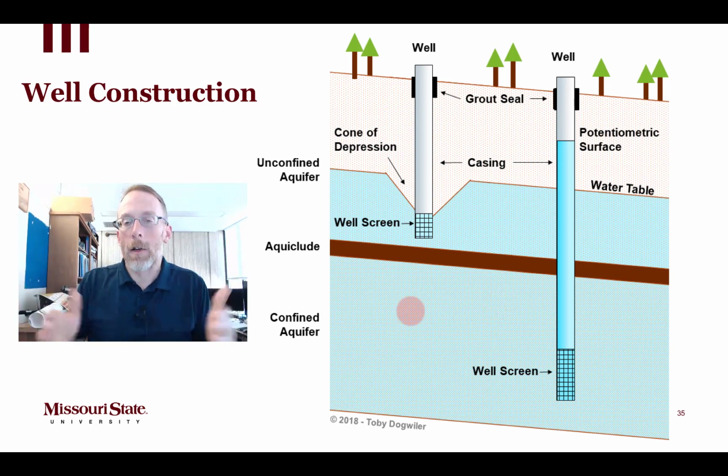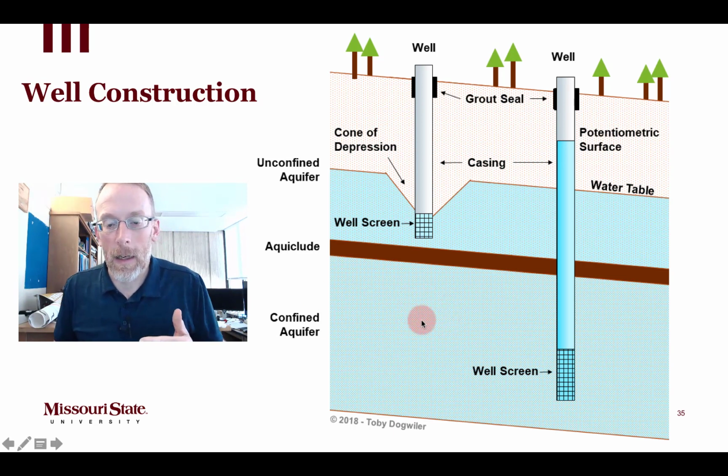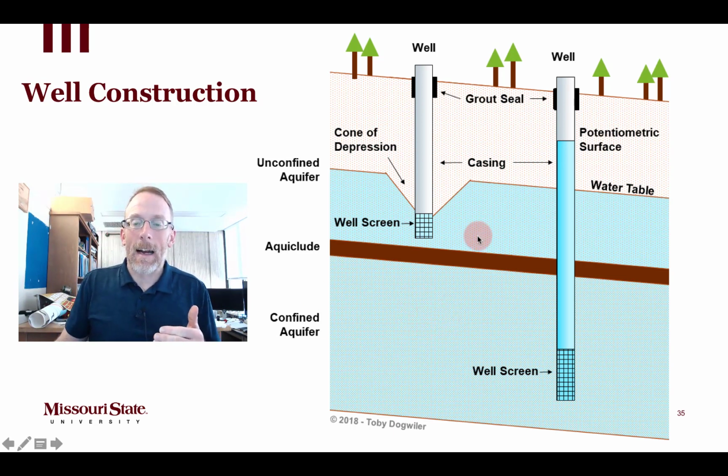And for now, just know that the water in the confined aquifer is not hydrologically connected to the water above it. And assume that this well, where it's penetrated the aquiclude, that well is well sealed there so that water can't travel along that penetration between the two aquifers.